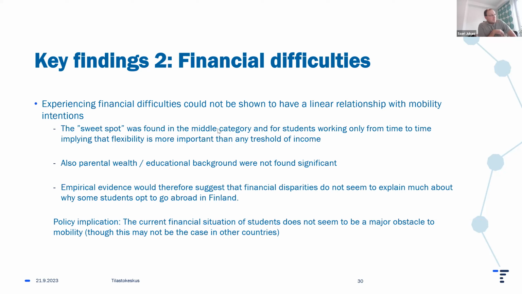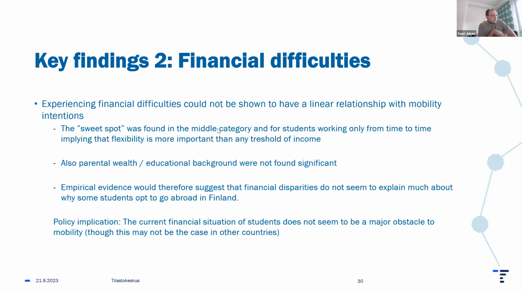And also, I did not report this, but I also tested whether parental wealth status was able to predict anything in our model. It was not. So educational background was not found to be significant either. So neither your own means nor those of your parents were really significant in predicting Finnish student mobility.